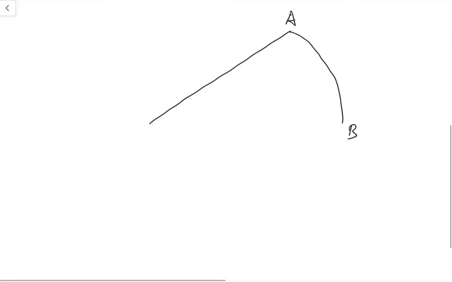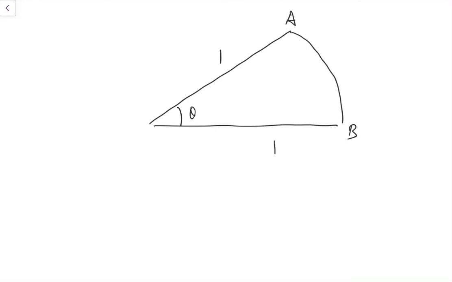In the second method, we consider an arc, a sector, with radius 1, and this is theta. So now, we're interested in what is this arc AB. Remember this is in radian mode.